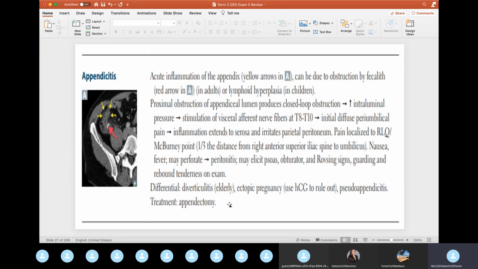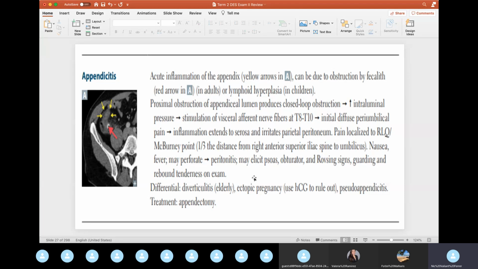This is due to low fiber in the diet, so it can cause constipation. Chronic constipation can cause diverticulosis, which can develop into inflammation, diverticulitis, in the elderly, or ectopic pregnancy. Remember ectopic pregnancy, right? So you need to use HCG to rule out ectopic pregnancy.